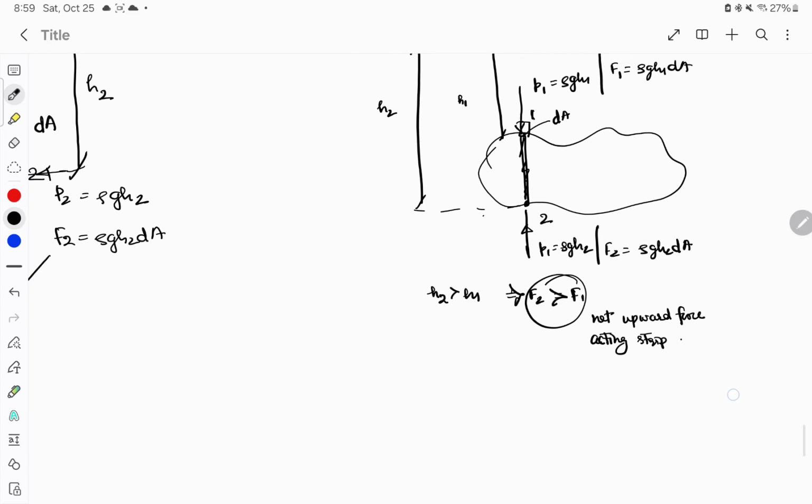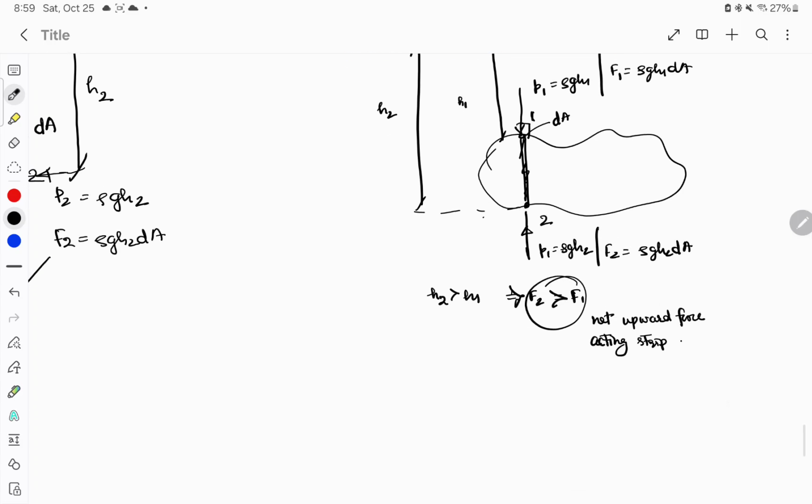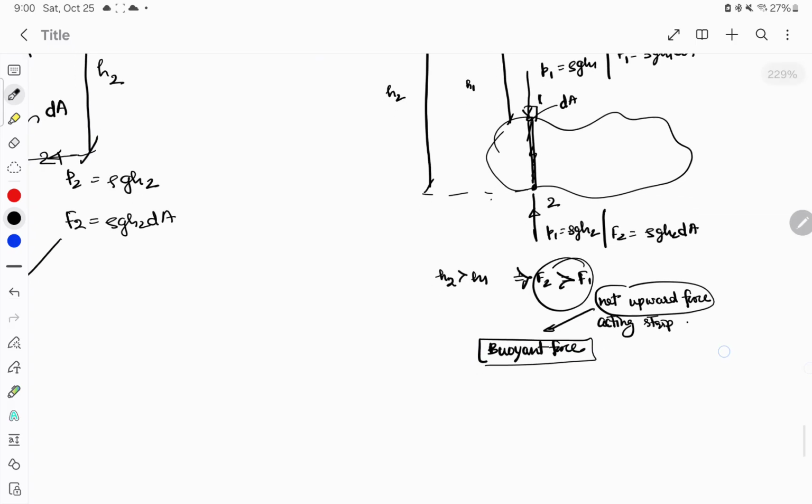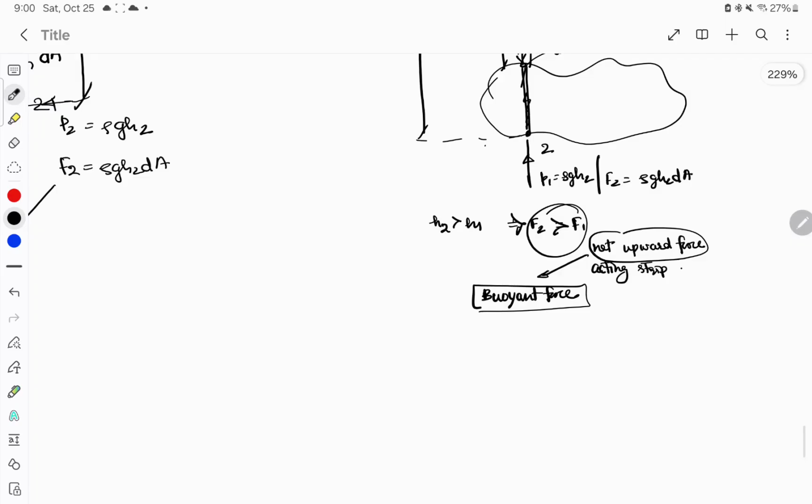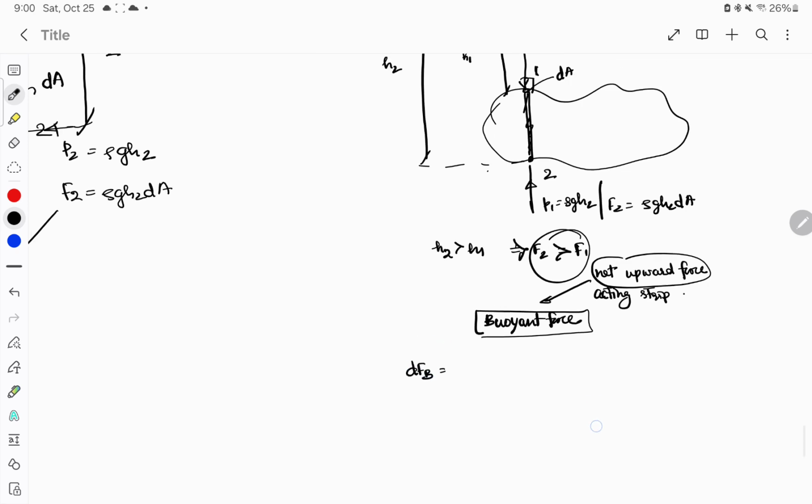Now I need to calculate it for the whole body. So this net upward force is actually the buoyant force. We are slowly moving towards the definition of buoyancy.